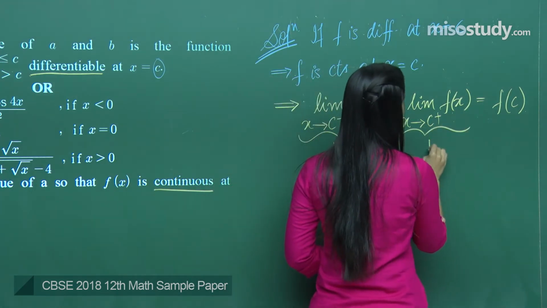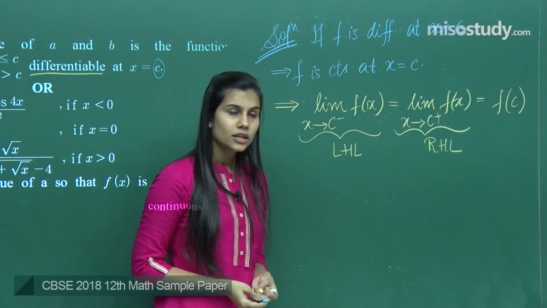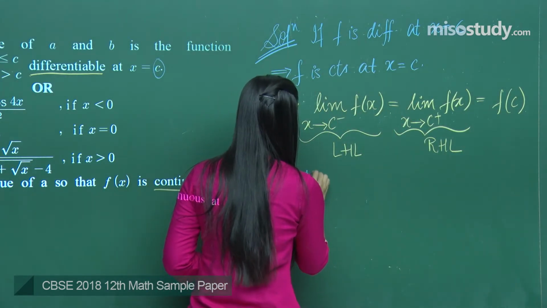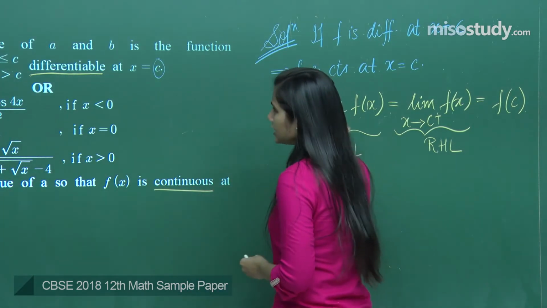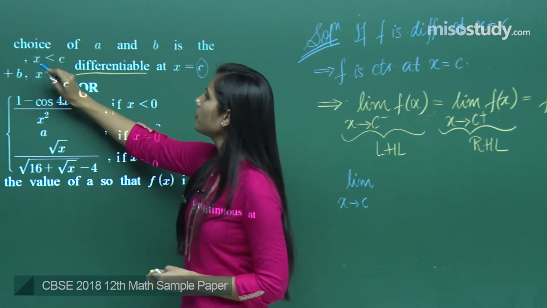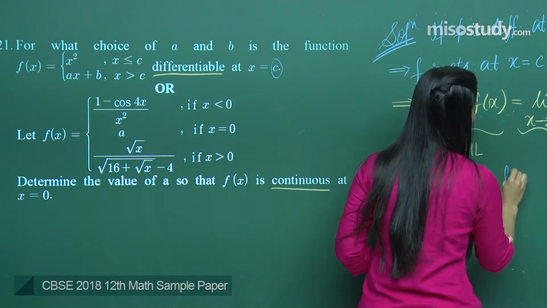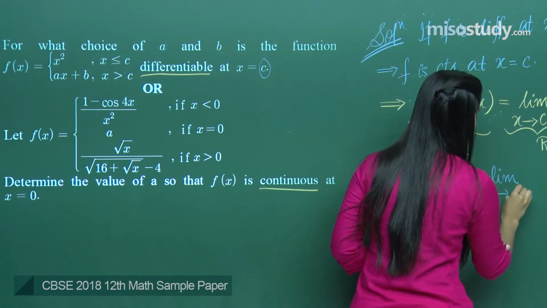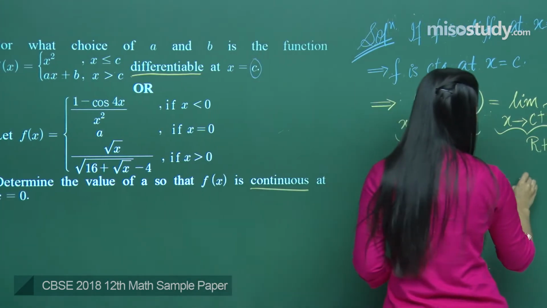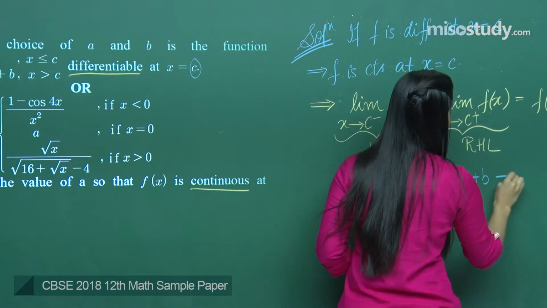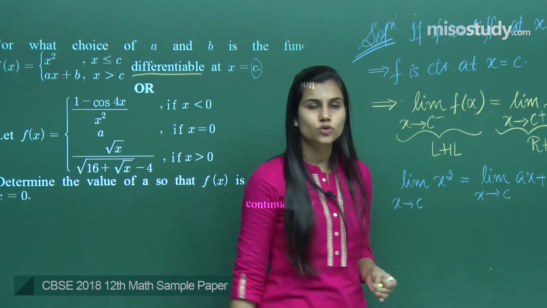So, the left hand limit is what? Limit x tends to C from the negative. So, when x tends to C from the negative, function is x square, and when x tends to C from the positive, the function is ax plus b, and this should be equal to f of C. F of C is C square.